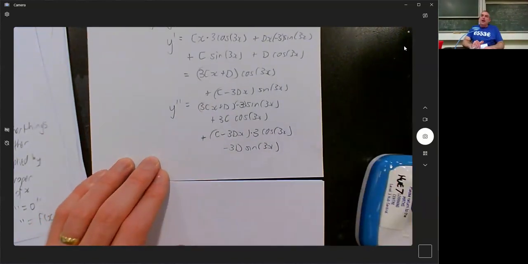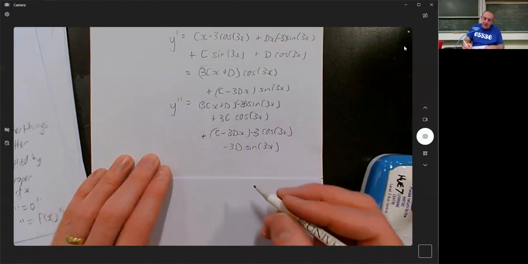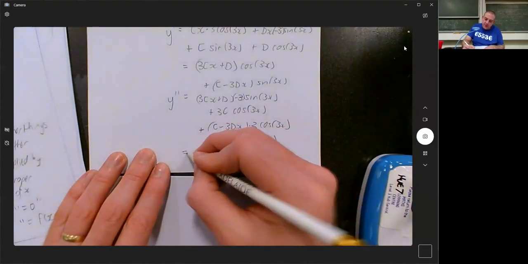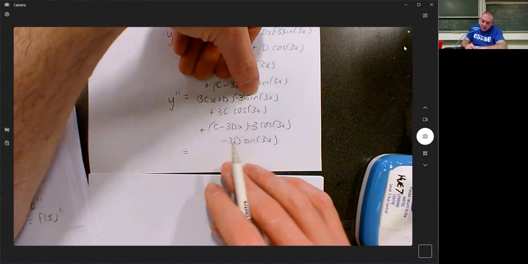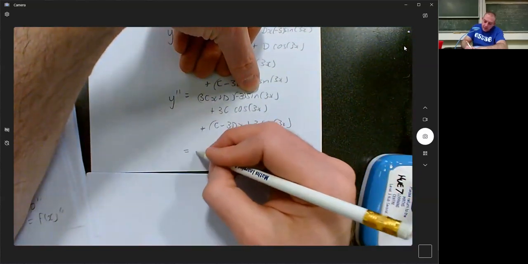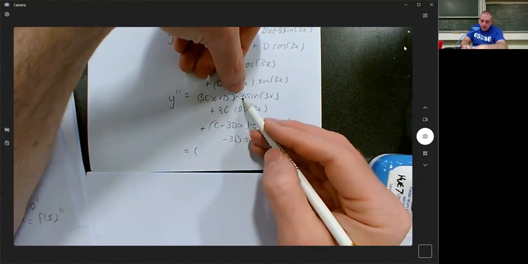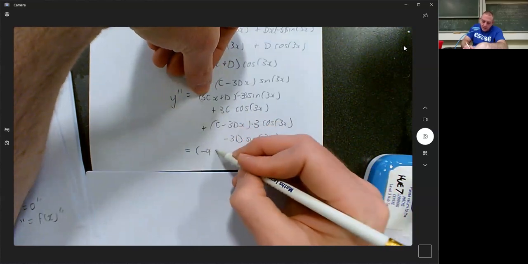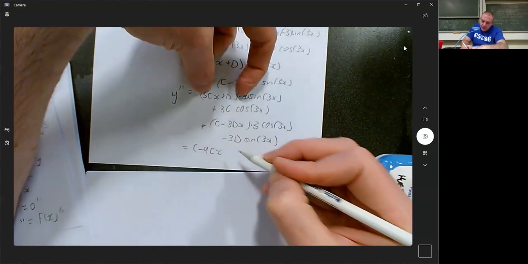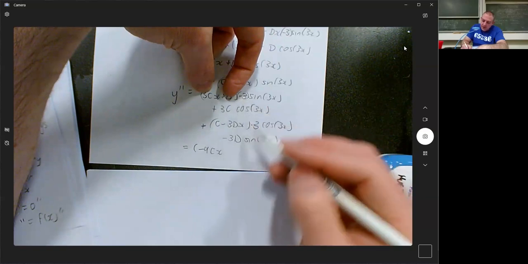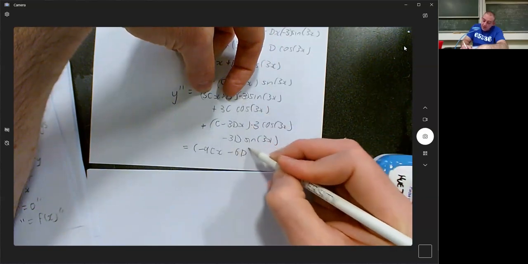Wow. I might do what I did before and put the sines together and the cosines together. So I've got a sine here and a sine here, and so I've got minus 9cx from there, and a minus 3d, and another minus 3d, so I've got this.